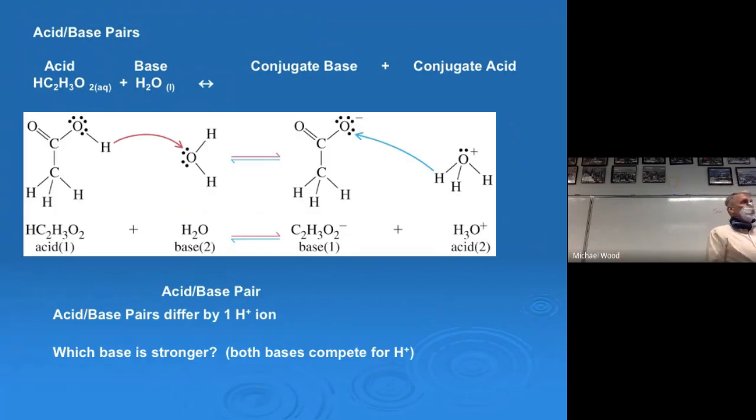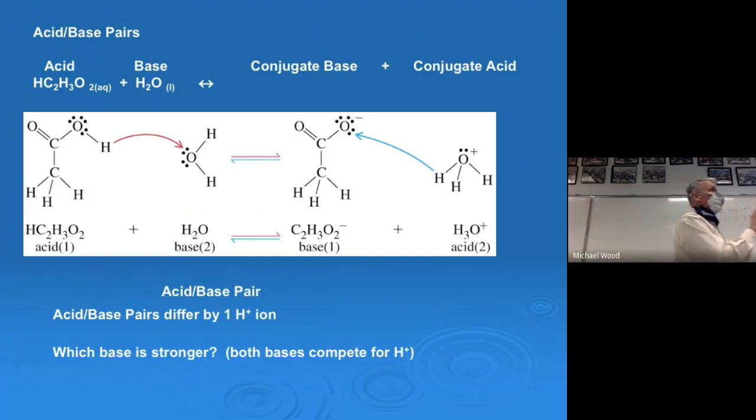The conjugate base of a weak acid, that's what this is, is a stronger base than water. Then we can say that the conjugate base of a strong acid is a weaker base than water.